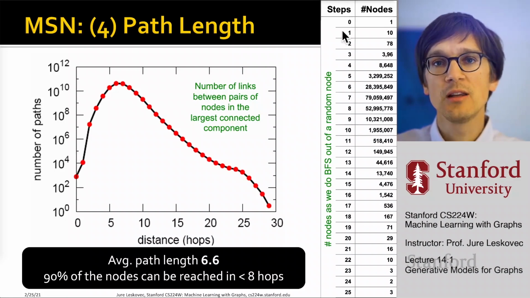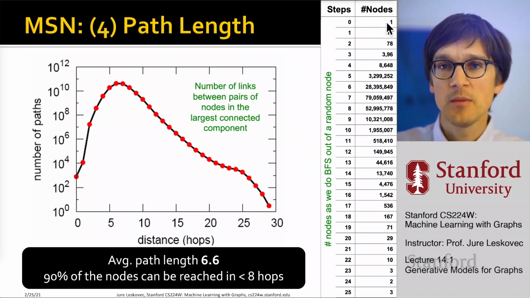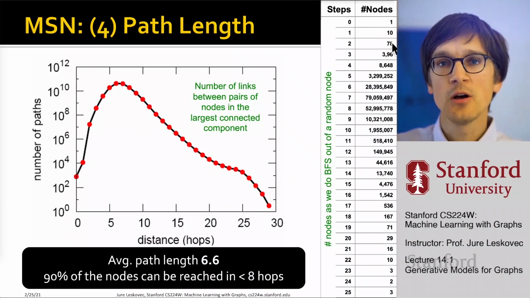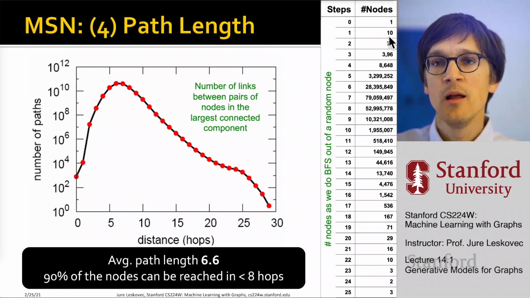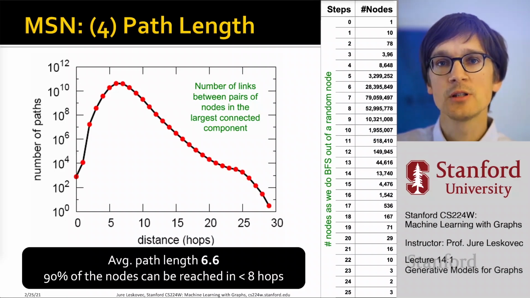Just to give you another way to think of this, let's start a breadth first search at a given node, right? At 0 steps, it is 1 node. Now this node has degree 10, so at step 1, there are 10 other nodes I can reach. And these 10 nodes connect further to other nodes, so at step 2, I'm at 75 nodes. Notice how the number of reachable nodes increases.